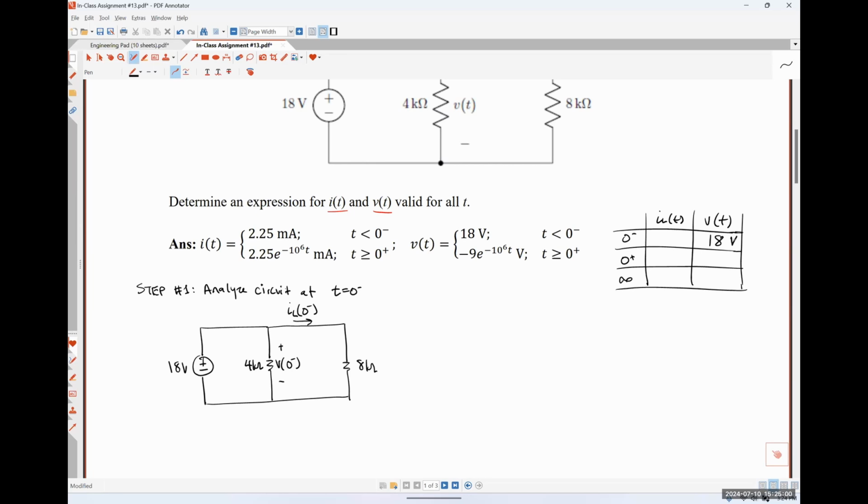We know the voltage drop across the 8 kilo ohm resistor is 18 volts because the 8 kilo ohm resistor appears in parallel with a 4 kilo ohm resistor when our inductor is behaving like a short circuit. So I think it'll just be 18 volts divided by 8 kilo ohms, which would be 9/4 milliamps, which does equal 2.25 milliamps, by the way. Does that make sense? Let's start there.